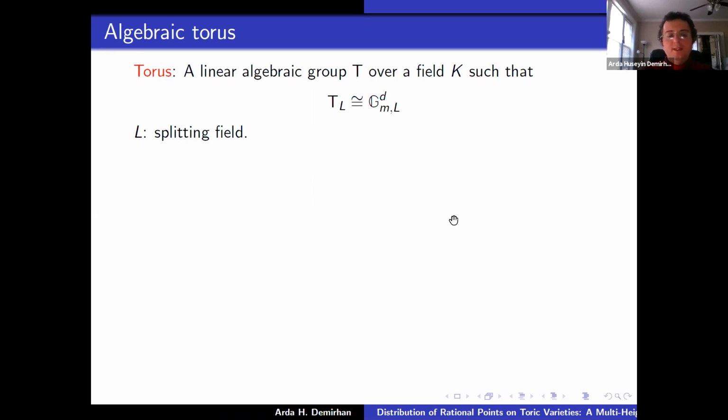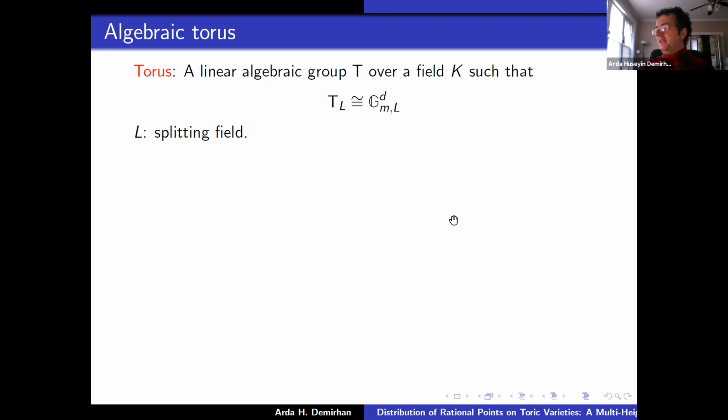First, we need to define what a torus is. A torus is a linear algebraic group T over a field K such that its base extension to the splitting field, let's call it L, is isomorphic to a finite product of multiplicative groups. Some tori are nice, and we don't need to do this base extension.